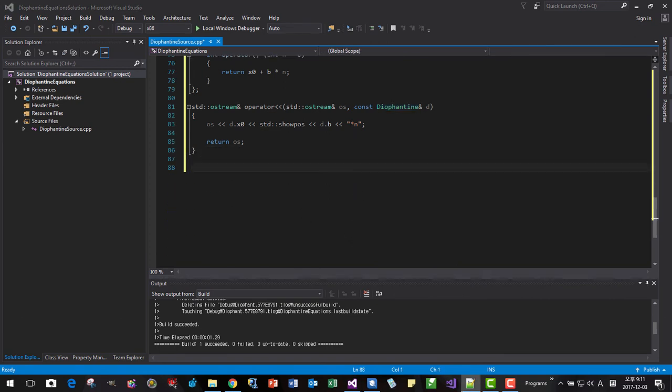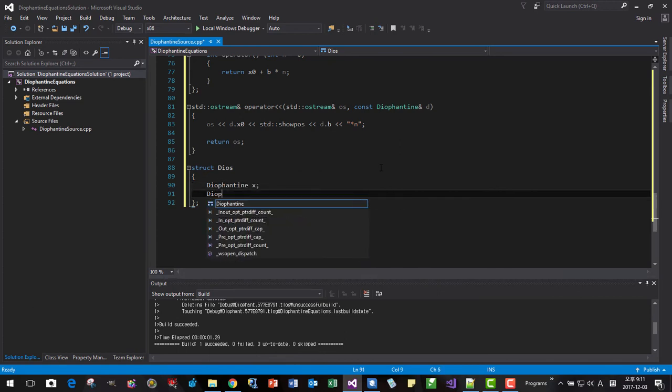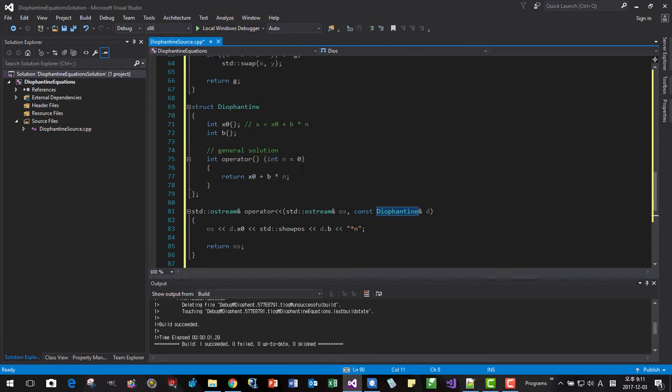Then let me see. I will create another struct, struct dios. It has two solutions, two struct Diophantine: x and y. This is the structure we defined here.